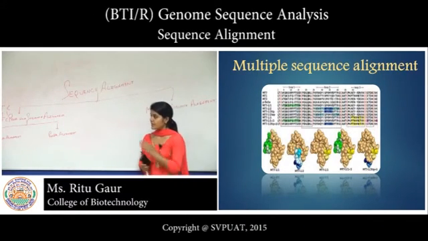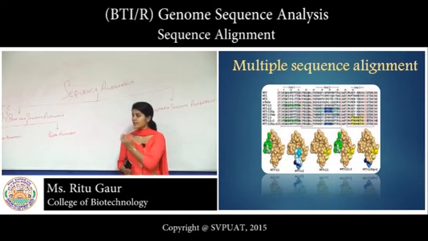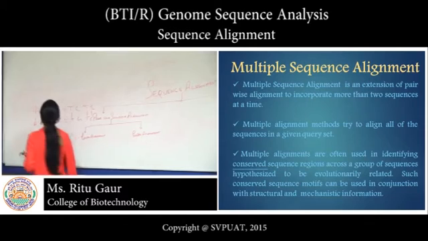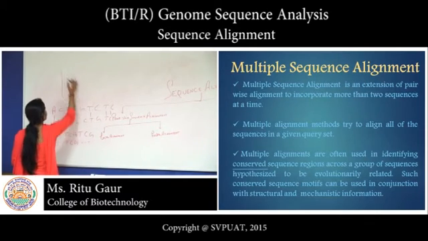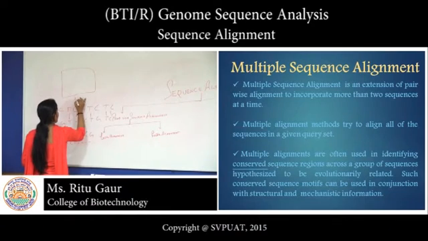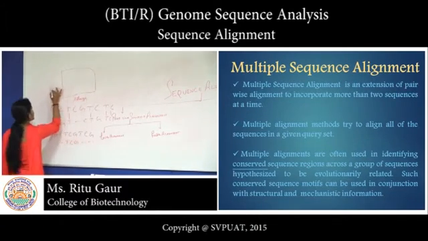Dot matrix methods, for the local elements, provide a graph on the basis of the similarities between two sequences. In this way it provides the graphs. Maybe it is a graph between the lambda phage and P22, which are also bacteriophages.